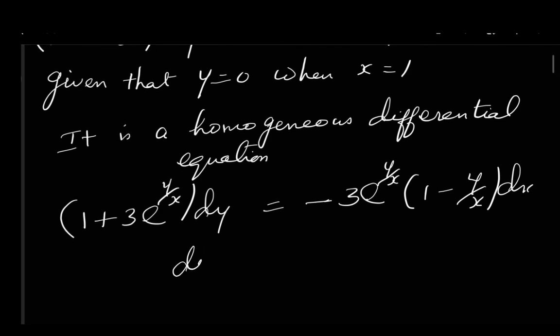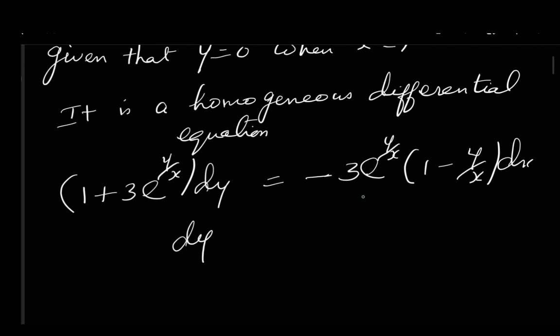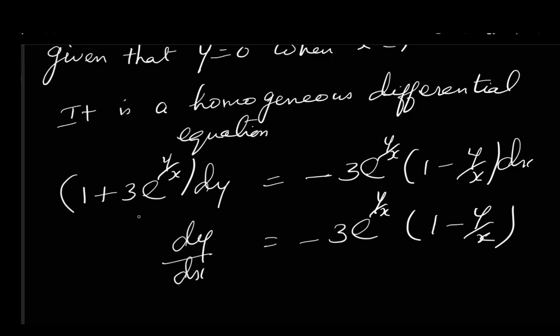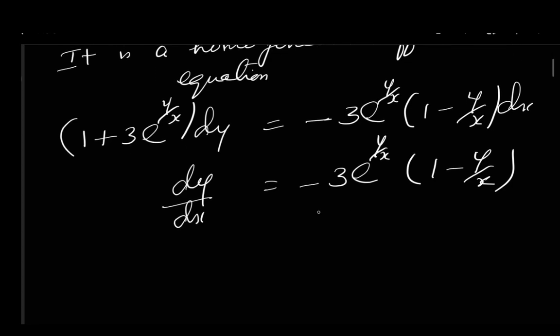So keep dy on the left side and bring this dx to the other side. The term with dy comes to the denominator: 1 + 3e^(y/x).